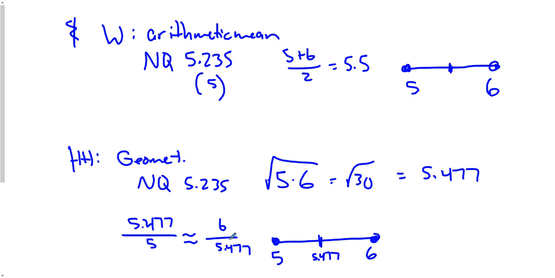If you think about cross multiplying these fractions, you get this squared equals 6 times 5. So you can see where you get this number, from taking 6 times 5 and then doing the square root. What this does is it equalizes the proportion here and here.